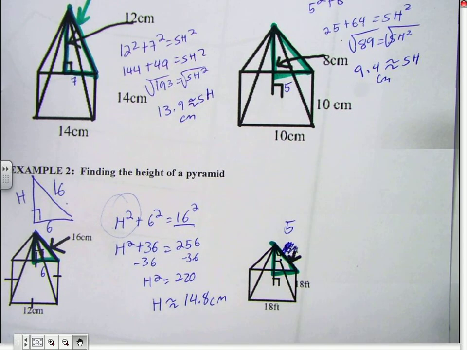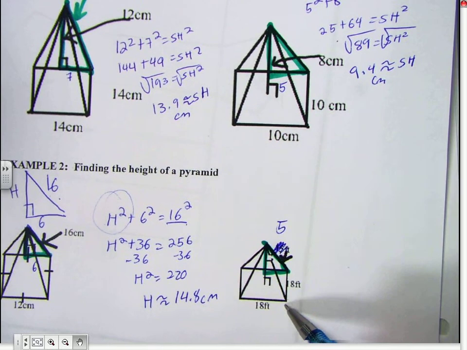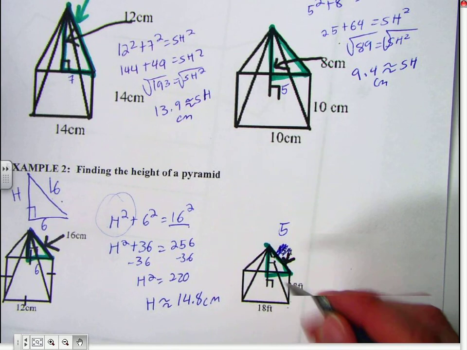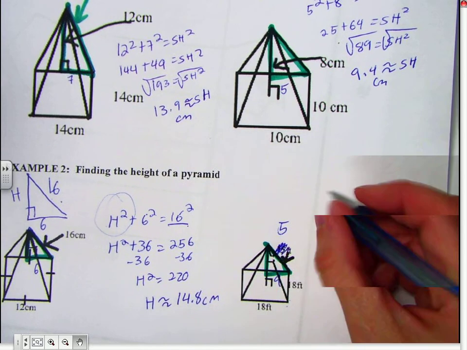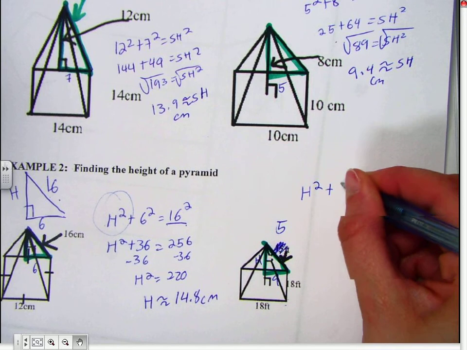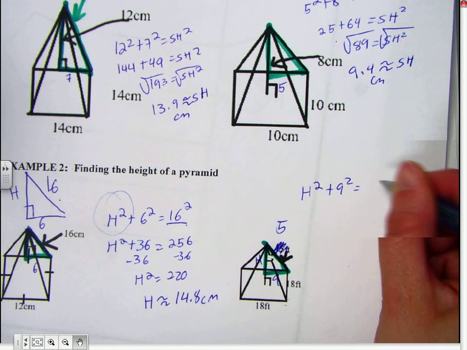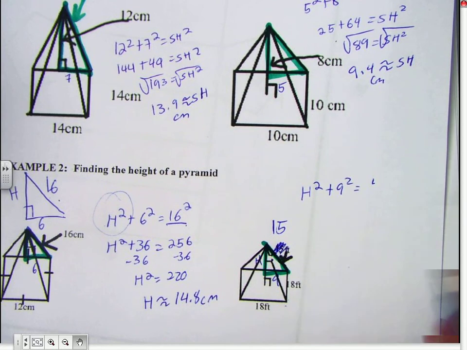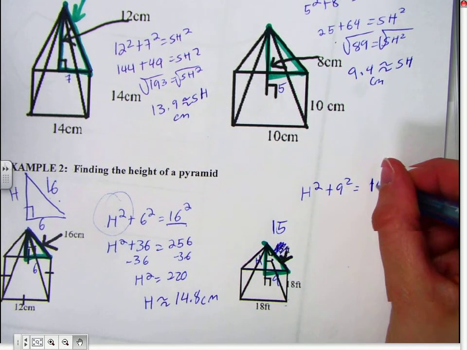The bottom of this whole thing is 18, but that wouldn't be my triangle, right? What would that be? 9. So now we've got the height right here. You've got height squared plus 9 squared equals 5. It's got to be 15 because the hypotenuse has to be the longest side, right? So we're going to do 15 squared.